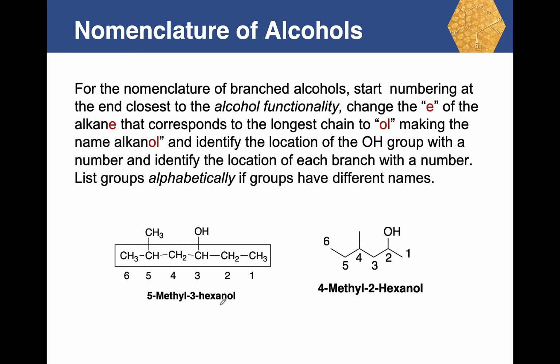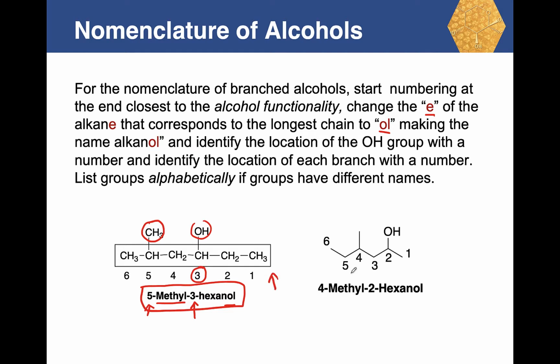The E goes to OL. We'll have to indicate the position of the OL or the OH group, which is 3, and we'll have to indicate the position of the methyl, which is on carbon number 5. So this becomes the IUPAC name of this molecule.